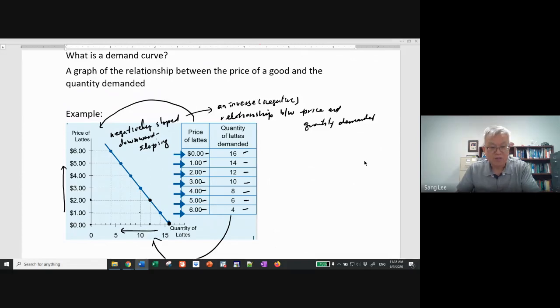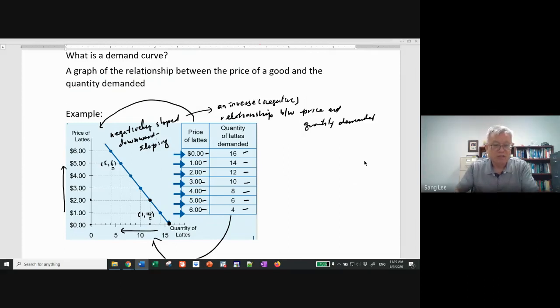Okay, so here the price is 1 and the quantity demanded is 14. But when the price is rising to $5, the quantity demanded is only 6. Obviously, as the price rises, quantity demanded, or the number of lattes purchased, will be smaller.